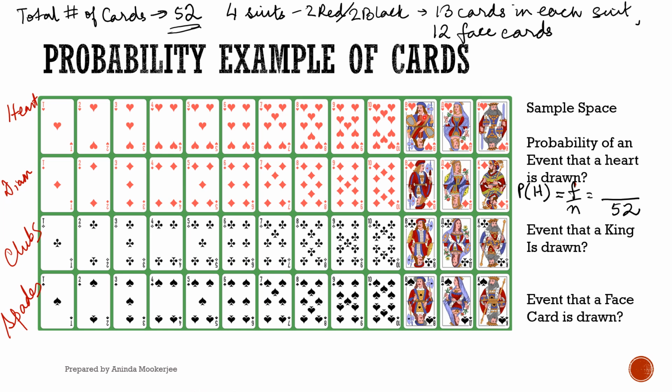There are 13 ways we can draw a heart from a total of 52, correct? Any one of these 13 cards would be a heart. So your answer is going to be 13 divided by 52, which is going to be 0.25.